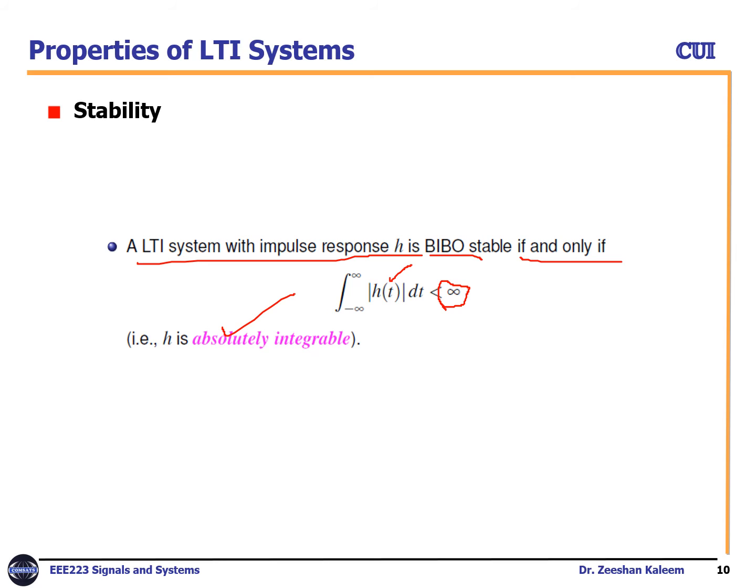Absolutely integrable means take the absolute and then integrate, and if it is less than infinity, it is called absolutely integrable. This is for the continuous time case, and for discrete time there should be a summation here. So you can see that the stability depends on the impulse response, right?